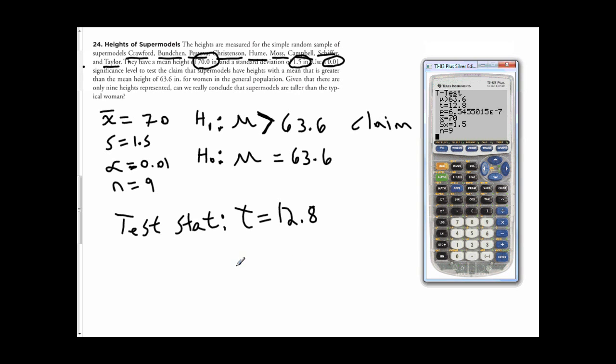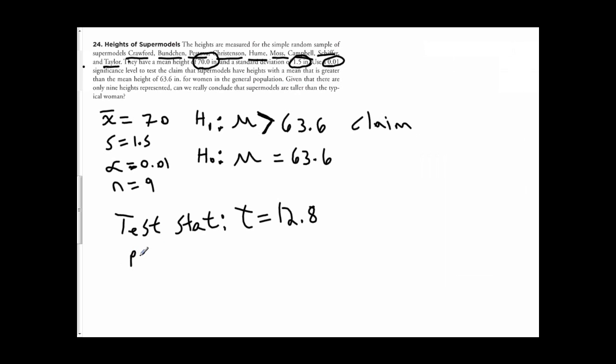So the p-value is 6.5 times 10 to the negative 7th, which is a very small p-value. That's less than alpha, definitely. So once again, we reject the null hypothesis.